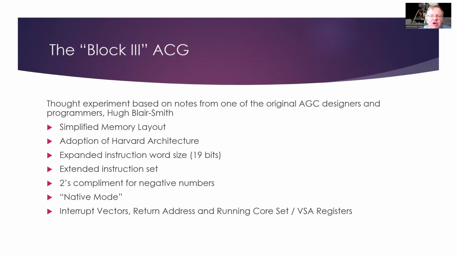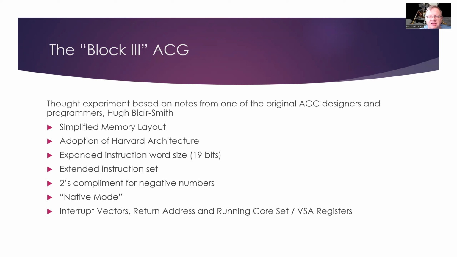A lot of the thinking around that is, maybe we simplify the memory layout. Instead of having all these blocks and having to do switching blocks of memory in and out, have more of a flat memory architecture, so that we can have larger register sizes and memory address sizes, so we don't have to do some of this back and forth with these banks.